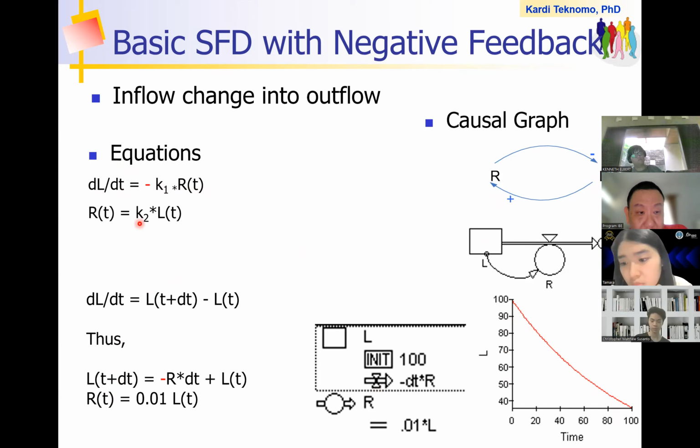The r is k times L2. So these are the ones that you design. And from there, for example, you put k1 times k2, if you combine them together. Then the level equation is always given, always accumulation.